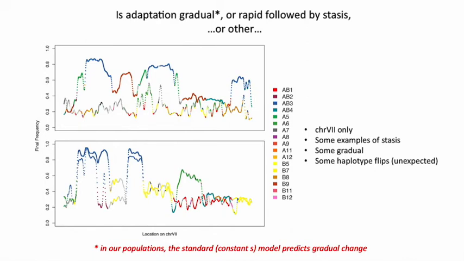So what do you see? Well, here we're seeing the claim from one of Christian's first ENR papers, right? Where by generation 6, we have largely moved this haplotype to the frequency it's going to stay at, right?